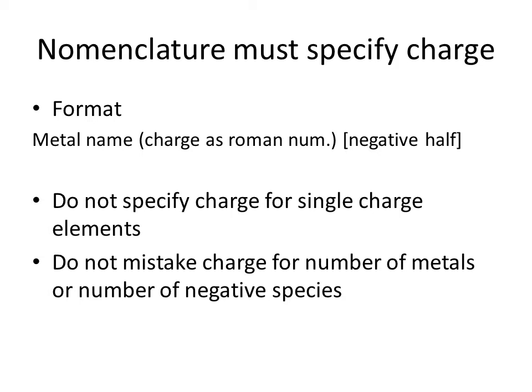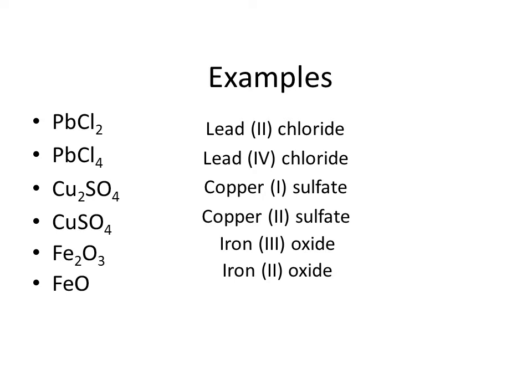And do not mistake the charge for the number of metal ions in the formula or the number of negative species. Here's an example of what I'm talking about. Lead in this first compound has 2 -1 chlorines in combination with it.